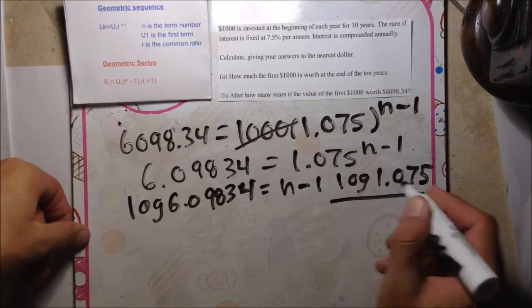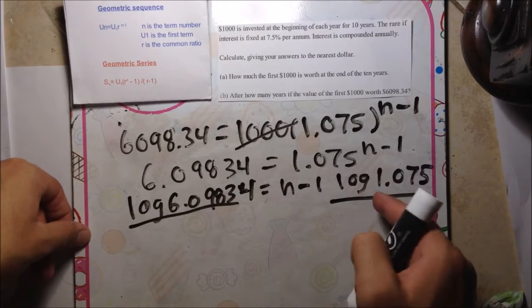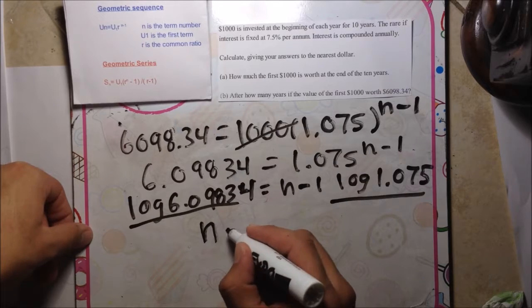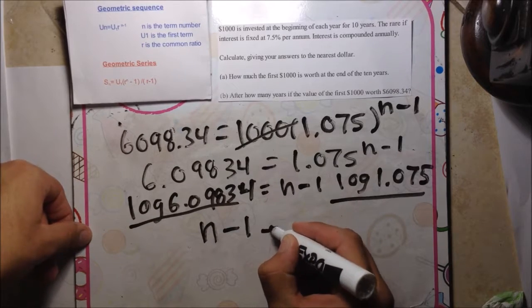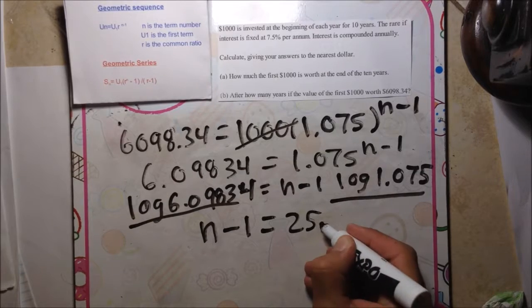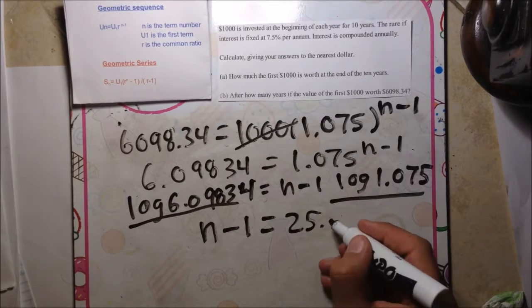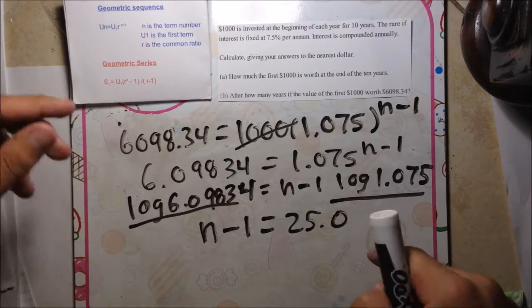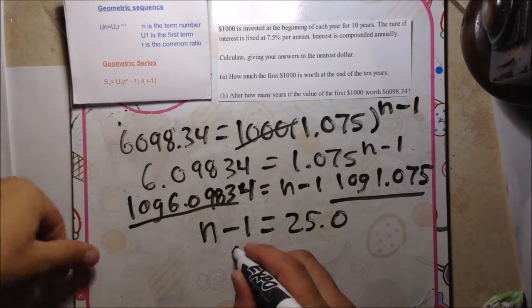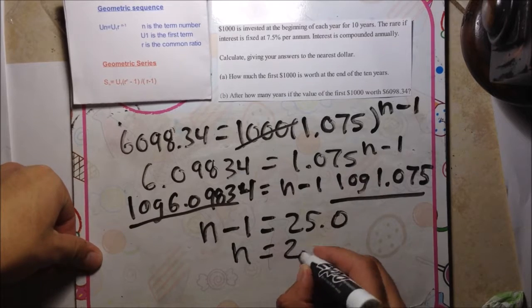If we do that, we're left with n minus 1 equals 25. And now all we do to solve for n is add 1 to this side, so n equals 26.